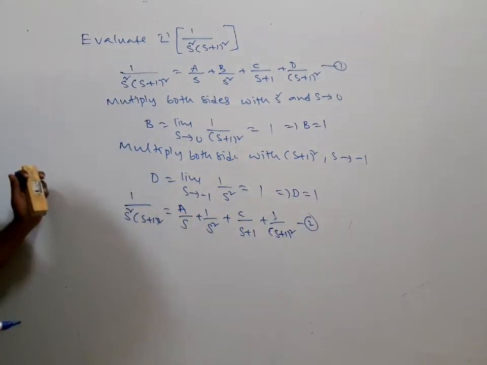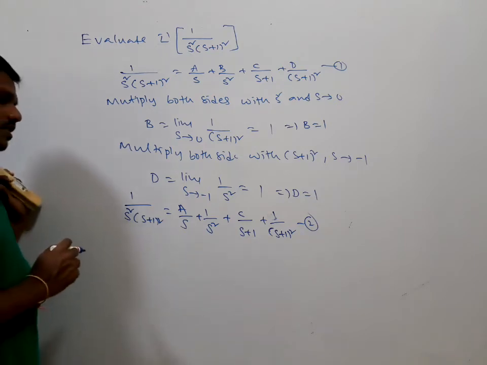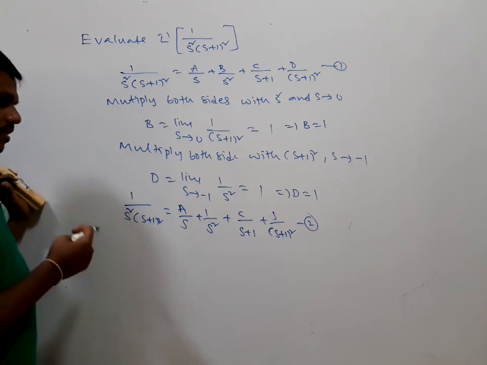Put s equals 1 and s equals minus 2, by solving these equations, or equating the highest degree terms. Better to equate the highest degree terms, right?